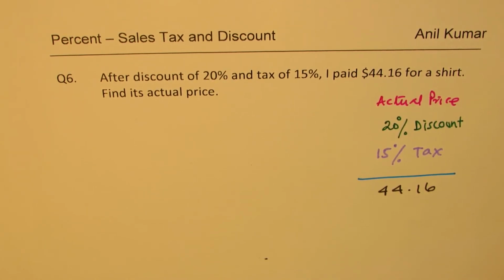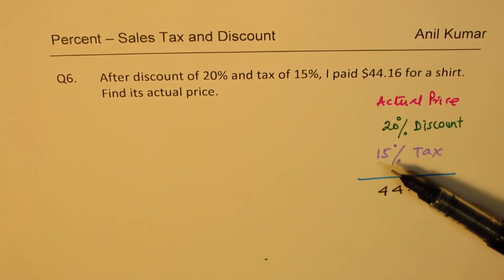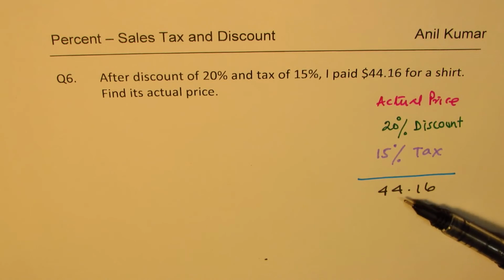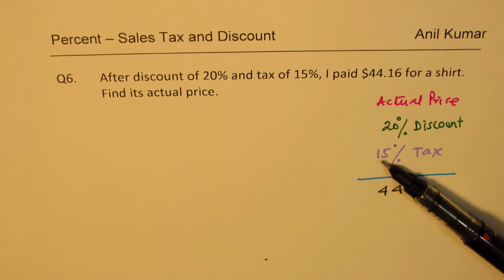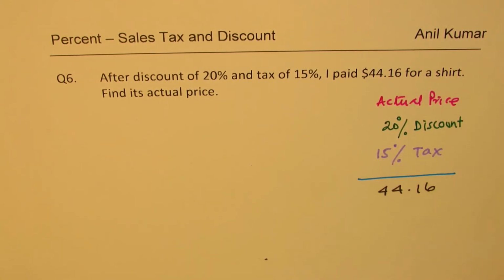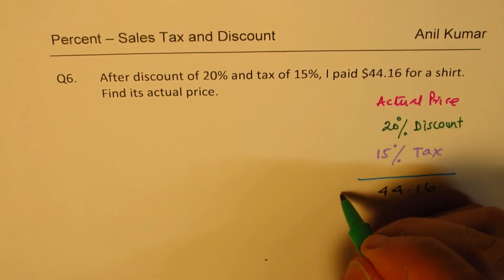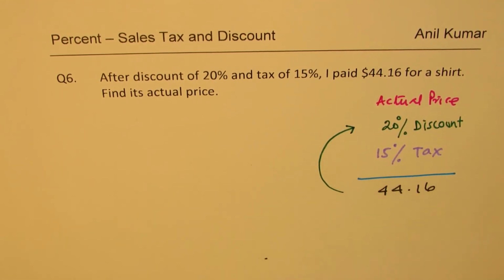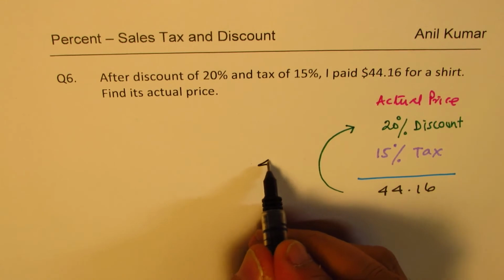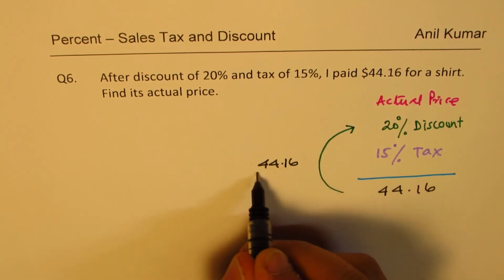Perfect. So how do we find the figures? We should understand that this value is lower. We add 15% to get to 44.16, and whatever this value is, when you add 15%, that means this is becoming 1.15 times, correct? So to go from here to there, since we have added 15%, I should actually divide 44.16 by 1.15.